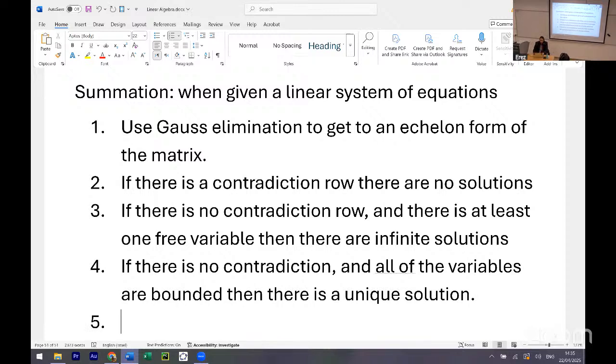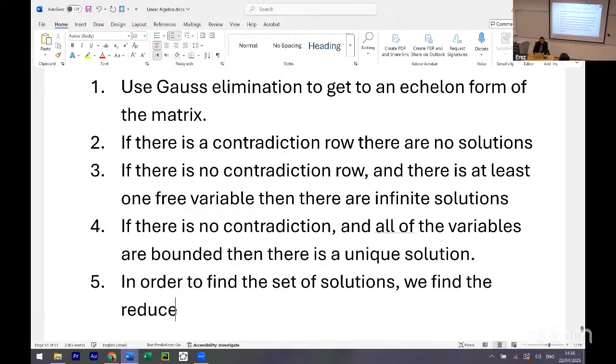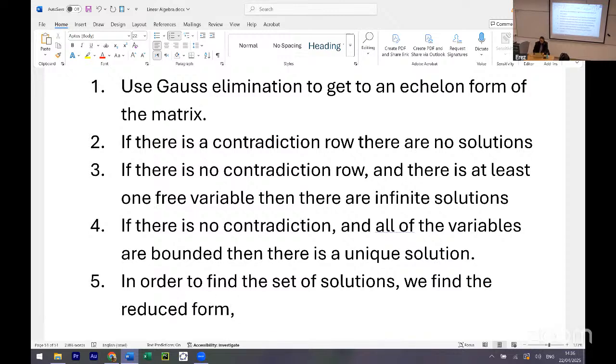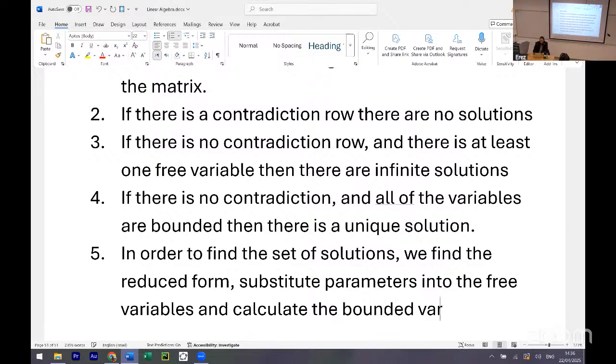And 5, in order to find the set of solutions, we find the reduced form, substitute a parameter into the free variables and calculate the bounded variables.